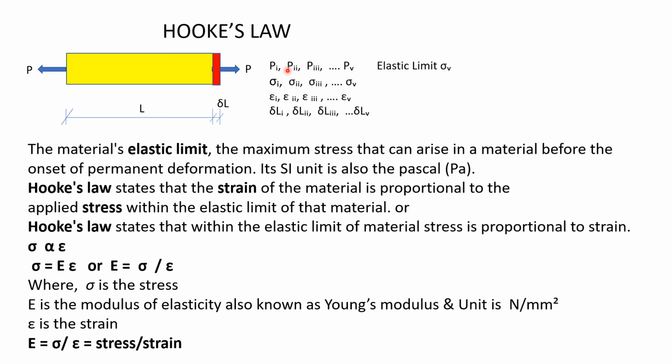Then if I increase further to P2, this is sigma 2, this is epsilon 2, and the increase in length is delta L2. Then further I increase it to P3, then this will be sigma 3, strain will be epsilon 3, and the increase in length will be delta L3.